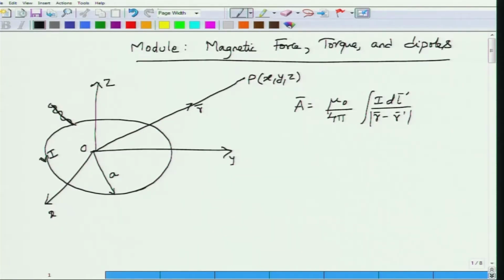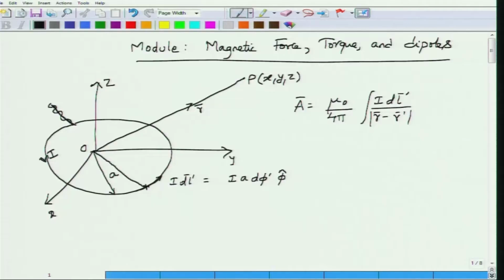Here I dl prime is to be evaluated at the source point, let us consider this as a source point, and I know that the line element here in cylindrical coordinates can be represented as a d phi prime along the phi direction. So in cylindrical coordinates, this line element is simply circulating along increasing values of phi, and I can represent that here.